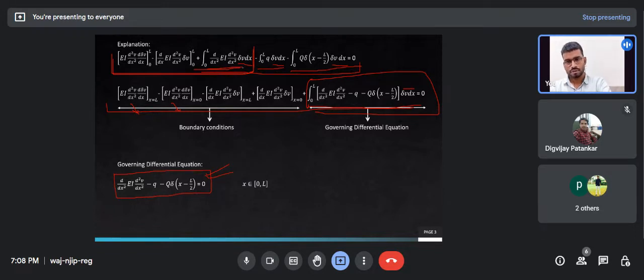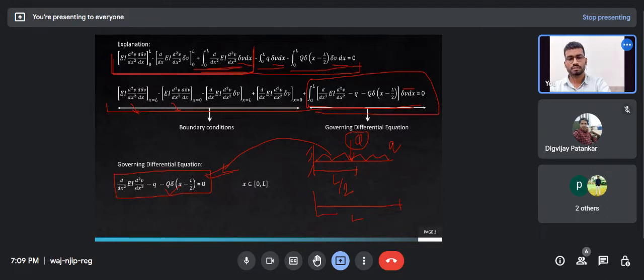So for our system, which was subjected to a UDL and a point load at the middle, where this is L, this is the governing differential equation. If in this beam there is no point load, you can remove these terms.